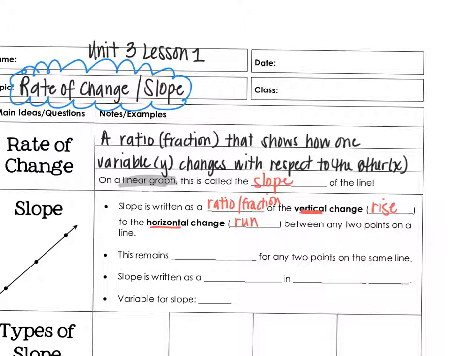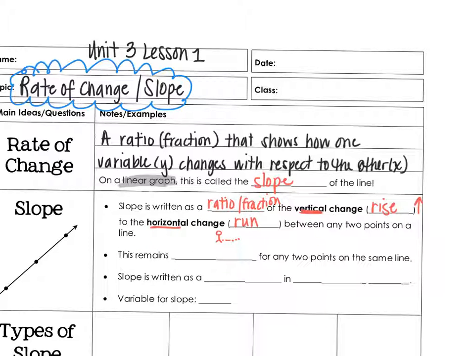Rise is going up or down, and run is like a person running. We run horizontally, okay? So the slope is written as a fraction or a ratio of the vertical change to the horizontal change between any 2 points on a line.